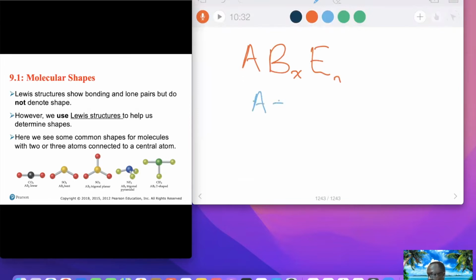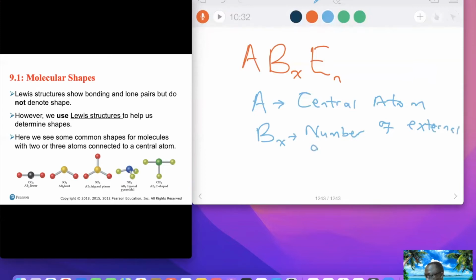A stands for the central atom. What is at the center? And Bx right here stands for the number of external atoms hooked up to the central atom.